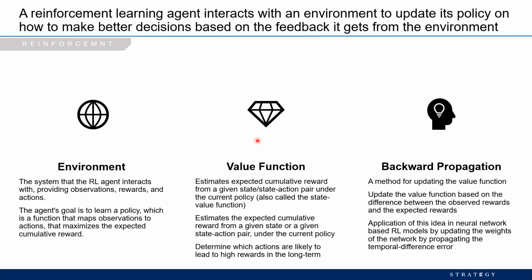There's a value function that tells it, when it interacts with its environment, whether it's in a good position or a bad position. And then backward propagation, which is a method for updating the value function to better help the reinforcement learning agent navigate its environment.